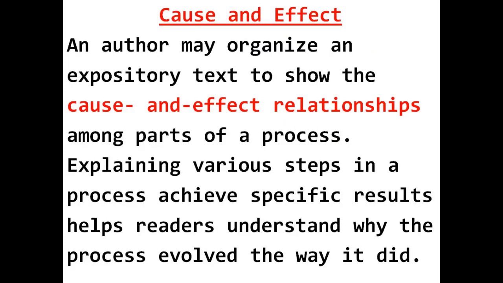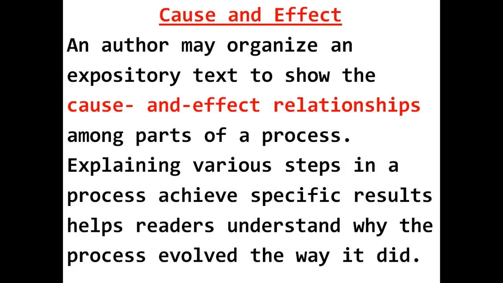Now in expository text we have the concept of cause and effect. An author may organize an expository text to show cause and effect relationships. Something causes, it has an effect. This is a concept in science, and in all of life you will find cause and effect. Something happens because of something.